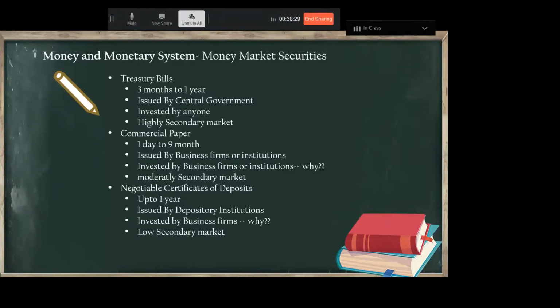A money market security is a debt promise, a promise about debt with a short term. Promises are meant to be fulfilled, right? If promises are not fulfilled, people don't trust each other. So a security is basically a secure promise that should be fulfilled. And who is going to monitor this?